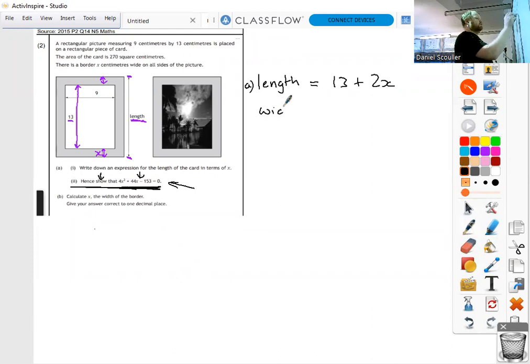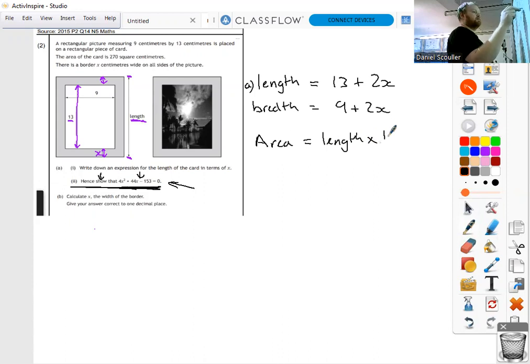The width is equal to 9 plus 2x this time. Then working out the area, better call that the breadth. Area equals length times breadth, which is equal to 13 plus 2x multiplied by 9 plus 2x.